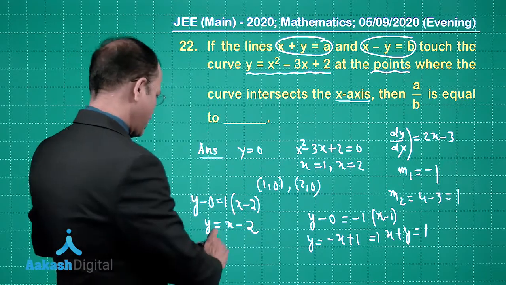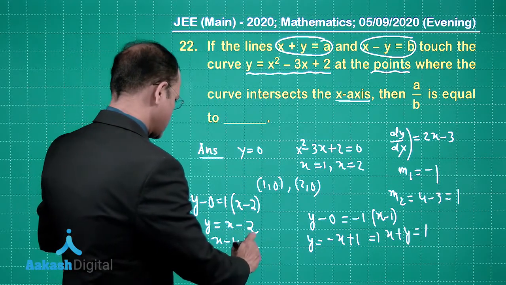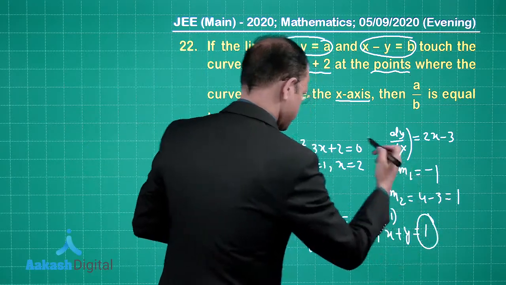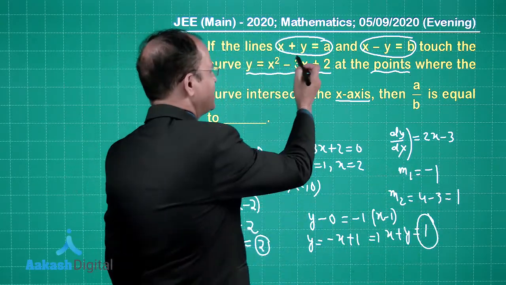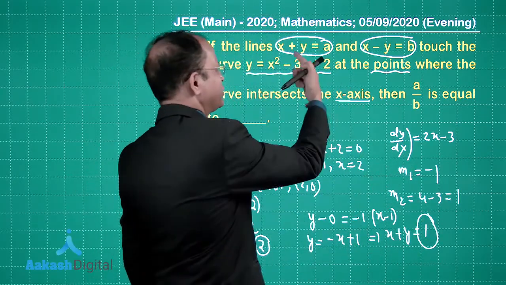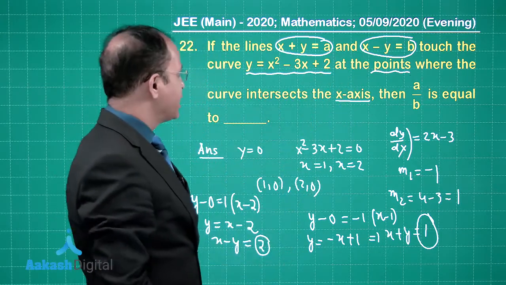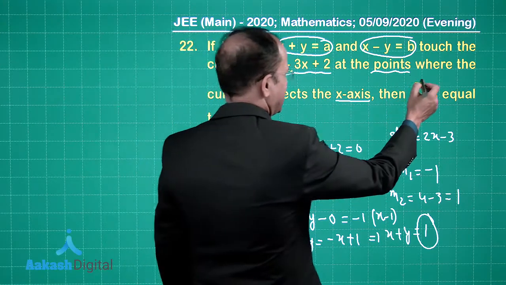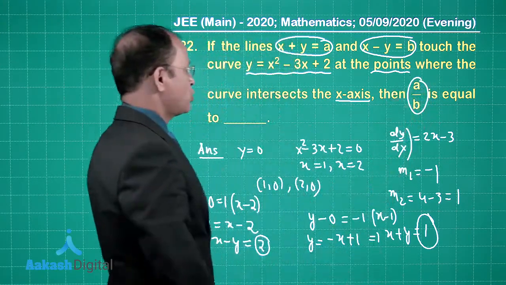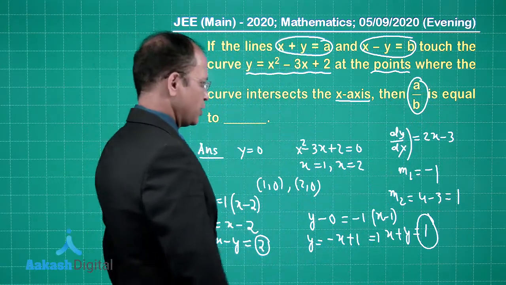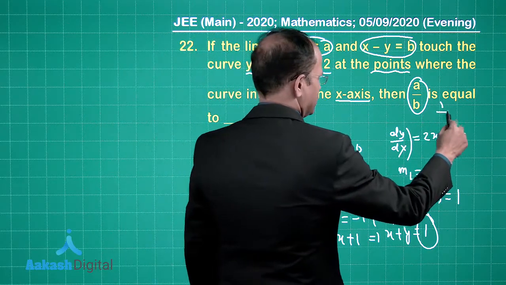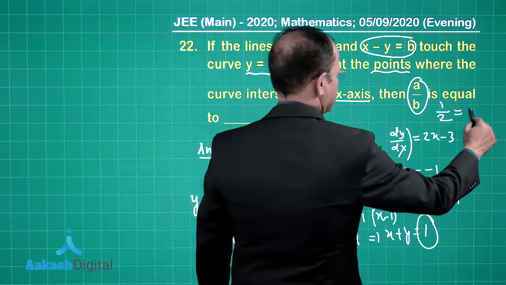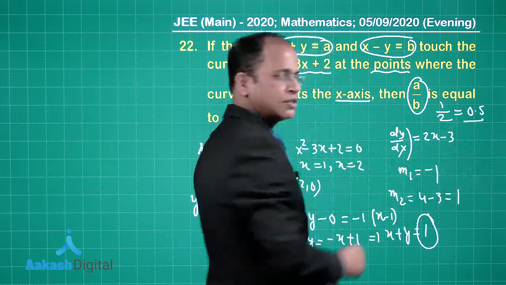So you can see x minus y is coming out to be 2. There are two equations we have. If we compare these two equations with the given two equations, we get a to be 1 and b to be 2. That means a by b is 1 divided by 2. So the final answer is 0.5. This is the answer we have.